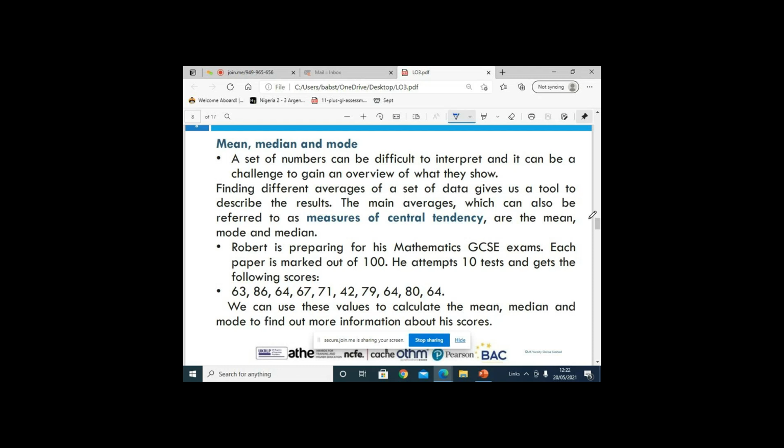So for example, you want to know the average market value of a product. You get the cost from different sellers.